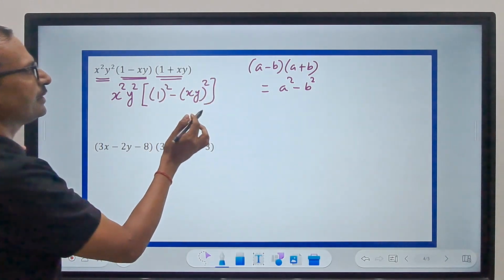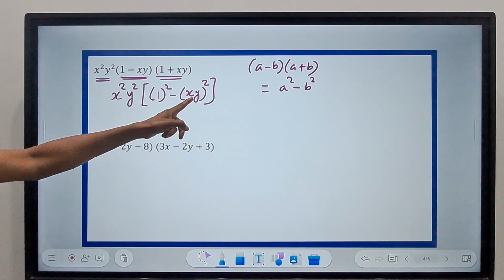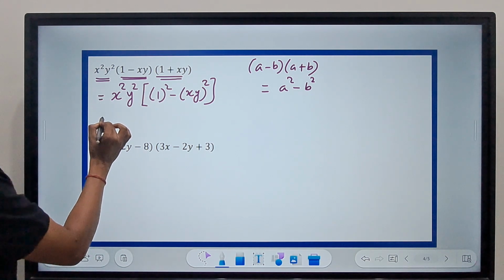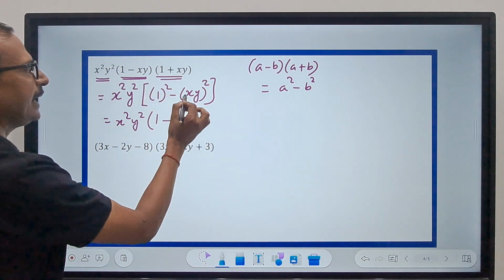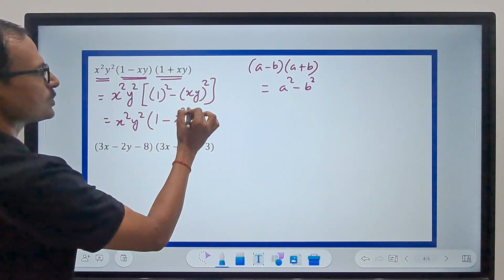So I will do that same thing here, a square minus b square. See the use of the brackets, friends. That's really important, the use of brackets. So x square y square times (1 square minus x square y square).